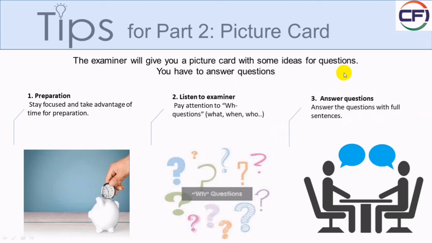You see that this tip is quite similar to the first tip for part 1. If you can give the examiner full sentences, your answer will be highly evaluated, believe me.